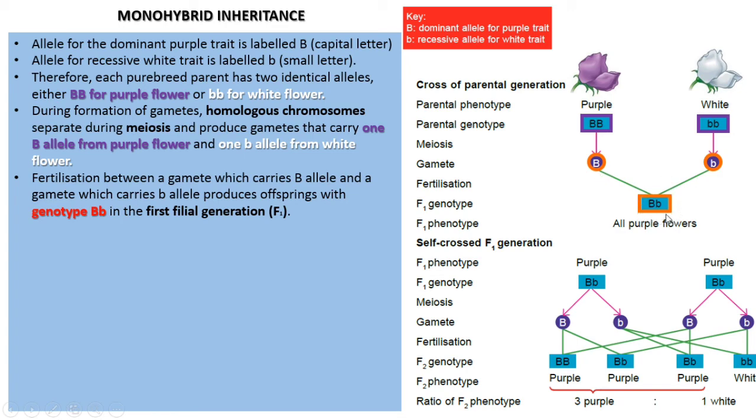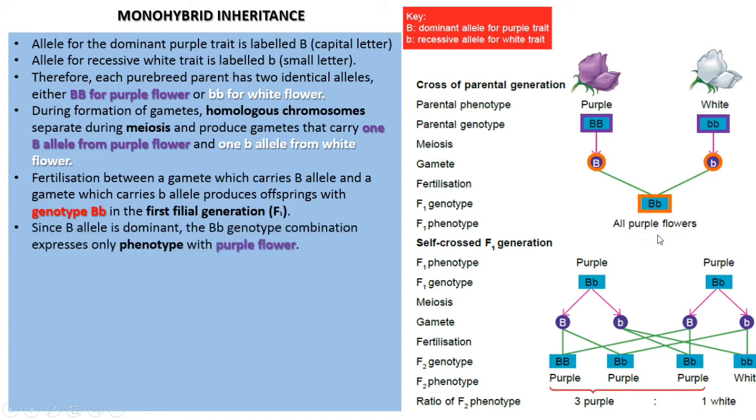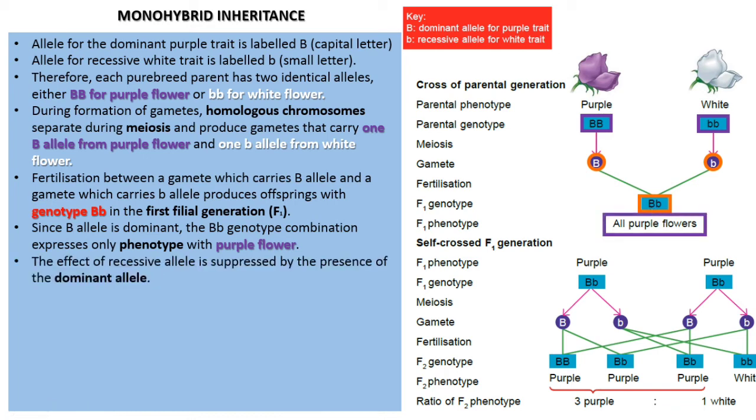Tapi dia menunjukkan phenotype yang purple flower, bunga ungu, disebabkan oleh ciri-ciri dominan yang ada, iaitu B besar. The effect of the recessive allele is masked by the presence of the dominant allele. Okay, jadi dia menunjukkan ciri-ciri dominan, iaitu bunga ungu disebabkan oleh ada allele dominan di dalam genotype dia.